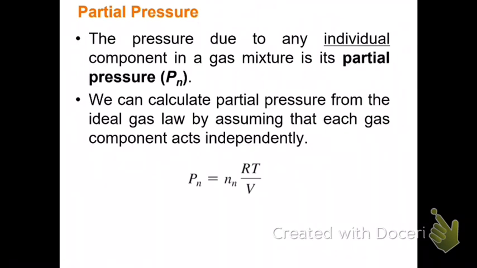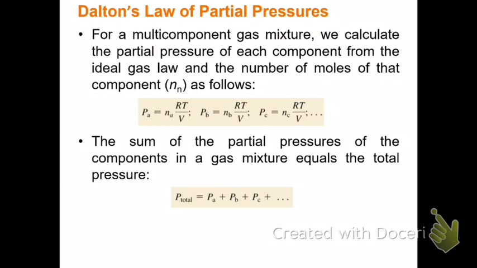We can calculate partial pressure from the ideal gas law by using this equation shown below. We're assuming that each gas component acts independently from one another. So if we have a multi-component gas mixture, we can calculate the partial pressure of each component from the ideal gas law and the number of moles of that component using these equations below.